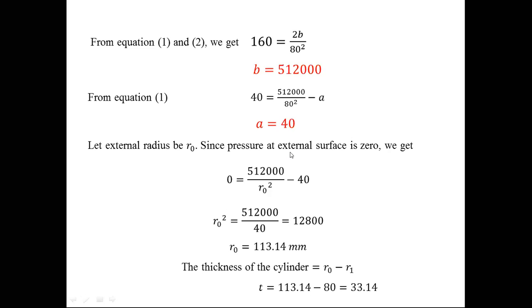To determine the outer radius, let us use the pressure at the external surface, which is 0. Therefore, you know B, you know A, use the radial pressure equation and find R naught. The thickness of the cylinder is given by the outer radius R naught minus the inner radius, which will give 31 point. Like this, you design the thickness.